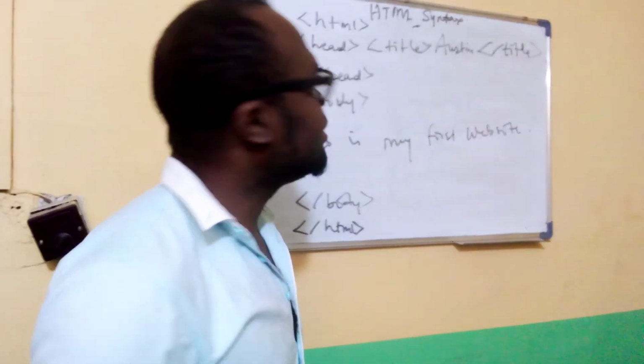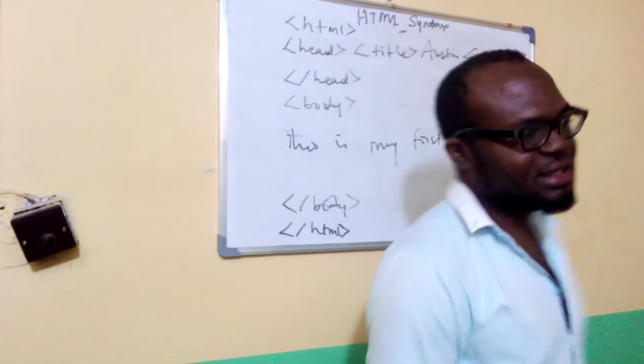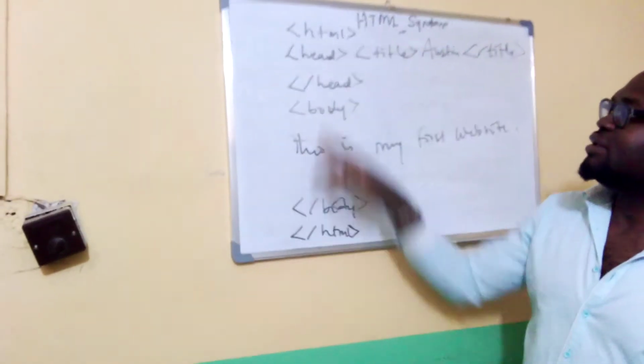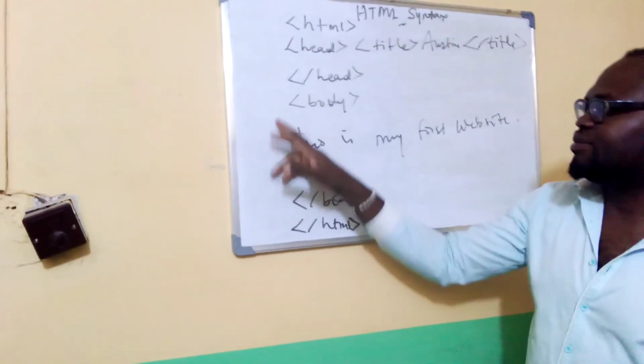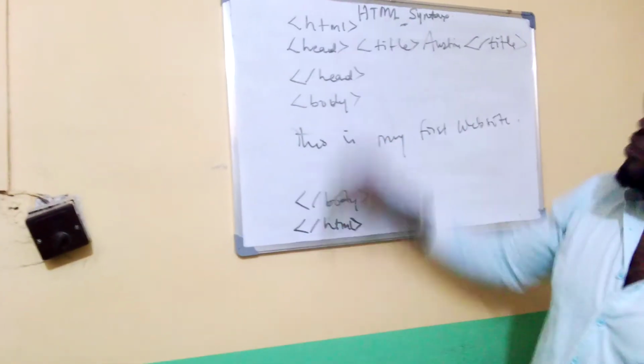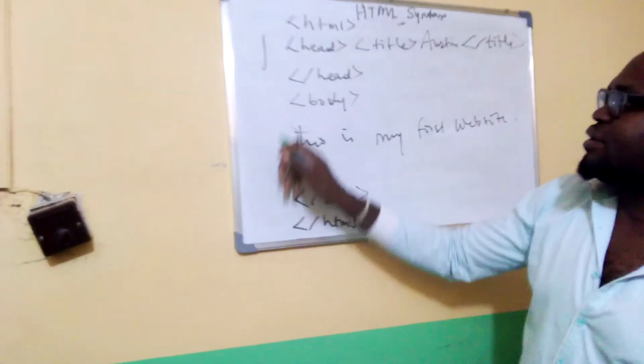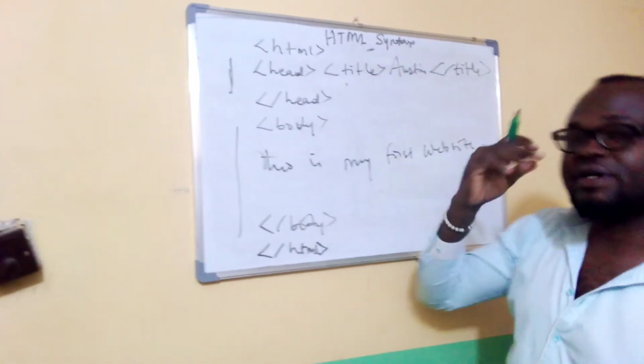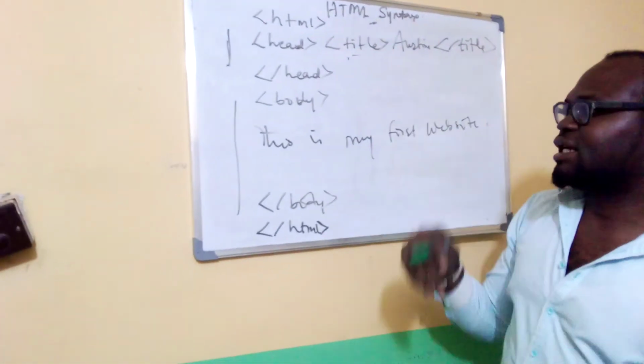So this is what we call the basic syntax of HTML. HTML opening and closing, the head section, the body section. So this is your full body, you have your head section and the rest of the body. Inside your head you have the most important thing there, which is your eye. In this case it's the title. Inside the body you have this.